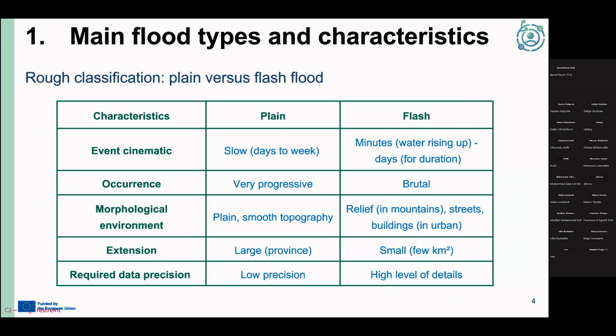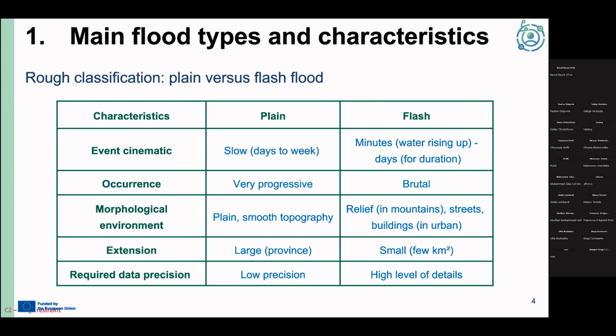We are doing the difference between flood and flash flood. I'm talking only about flash flood because it's this kind of event we are interested in, but we can do the difference between both. So a flash flood takes few minutes, a few hours, so minutes to days. It's very brutal. Without a good forecasting model, we cannot predict it. And it happens most of the time in areas where you can find relief, streets and buildings.